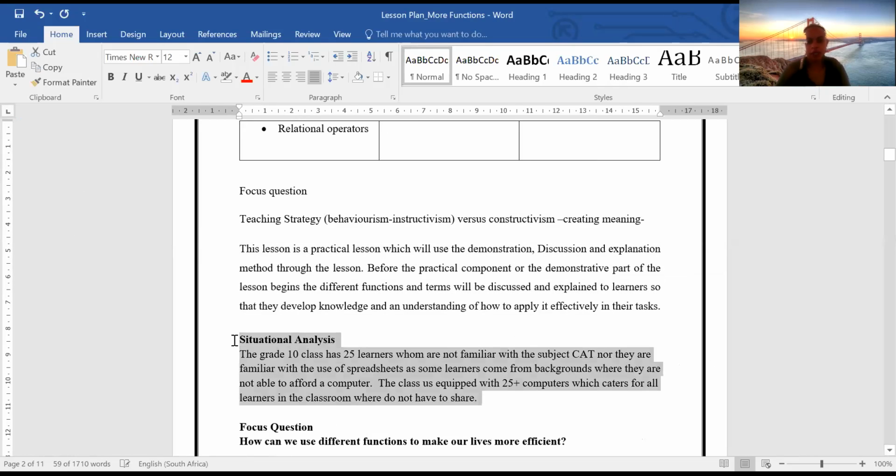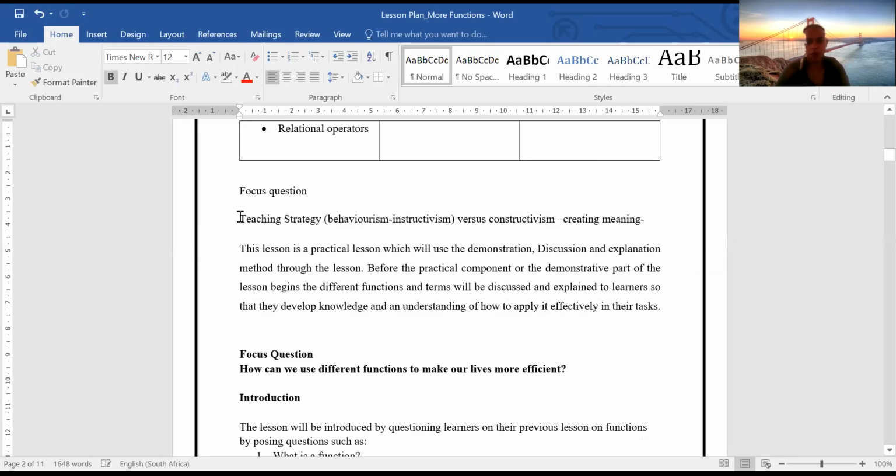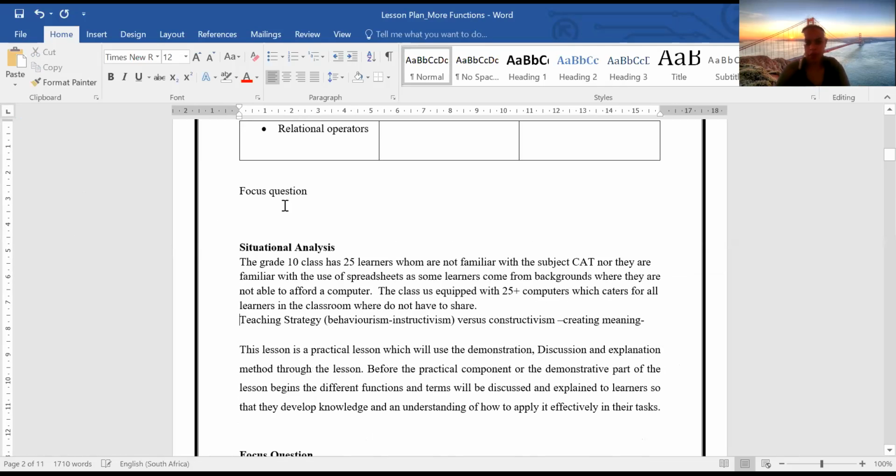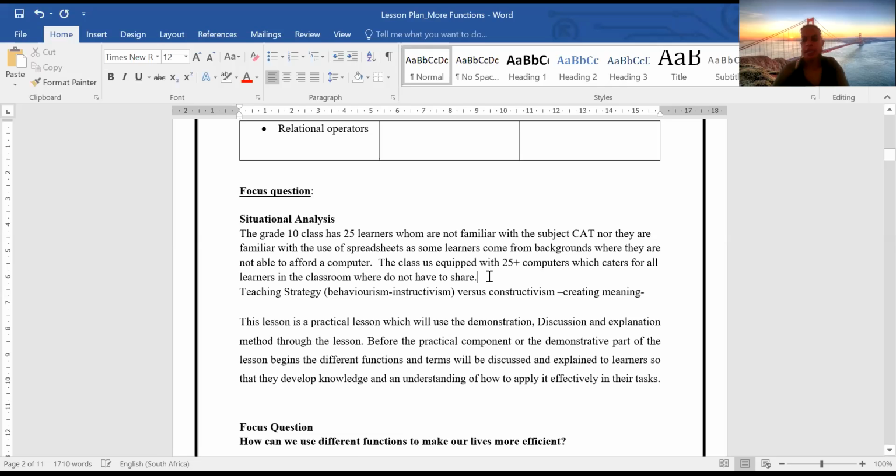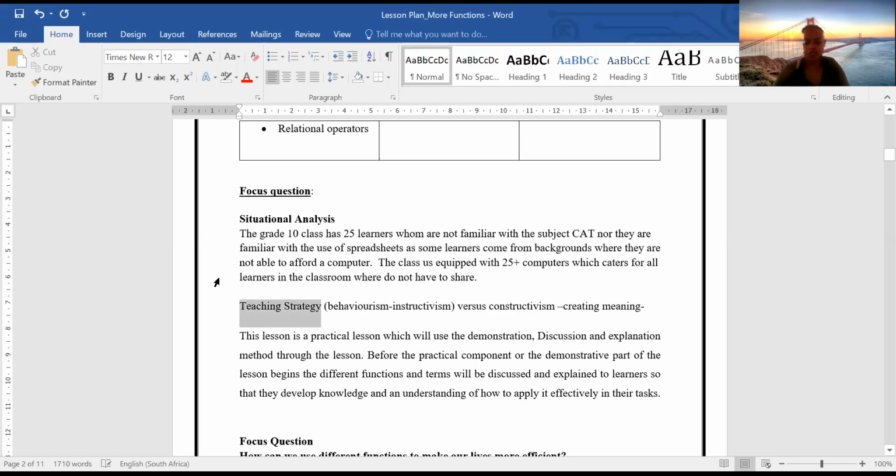We say that we are going to write our situational analysis before. The situational analysis will help us to develop our teaching strategy. Here we have a grade 10 class, 25 learners who are not familiar with the subject.